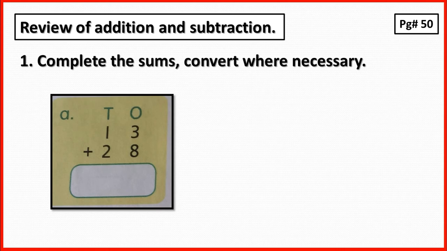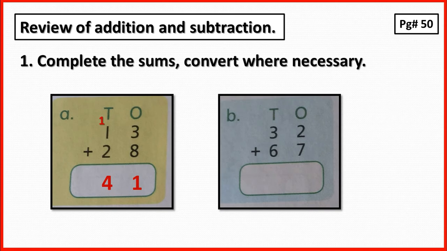So here we write 1 in ones column and 10 puts into tens column above 1. Now add tens. 1 plus 1 equals 2 and 2 plus 2 equals 4. So the answer is 41.